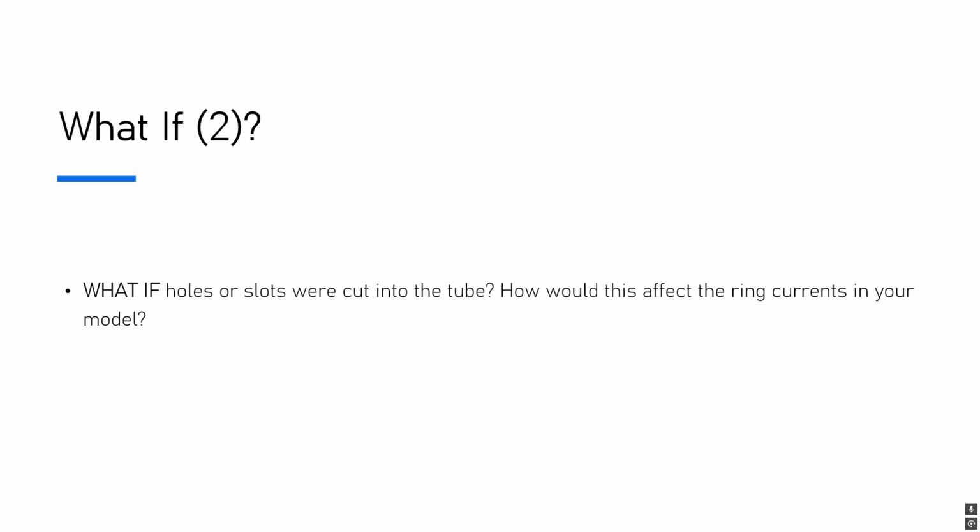And by adding this resistance, by cutting holes in it, it would cause the magnitude at least of the current to decrease. So, therefore, adding holes or slots would just decrease the magnitude of the current in the rings.